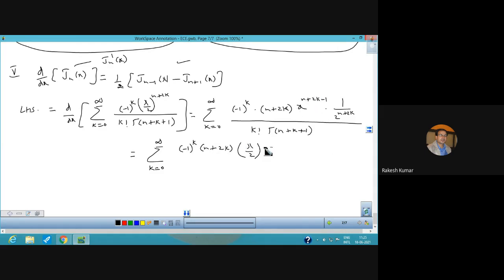So it can be written as (x/2) raised to power n+2k-1. Now see, the power of 2 is n+2k, but we have adjusted the minus 1 as well, which means we have to take one 2 out. So this 2 we have adjusted here, and the 2 can be written over here, with k factorial and gamma(n+k+1).